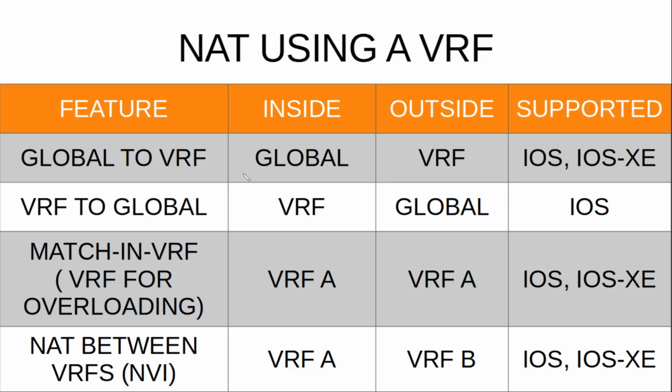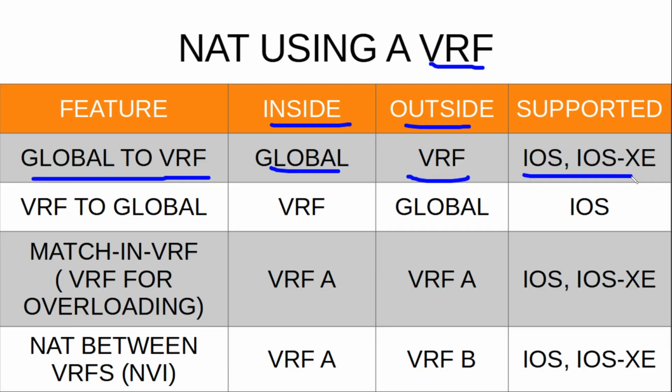Now, we have talked about NAT, but usually thinking about the global routing table. But what happens if we have VRFs? We have several options. For instance, what if your inside does not belong to a VRF, so it belongs to the global routing table, and if your outside belongs to a VRF, that is known as NAT global to VRF.